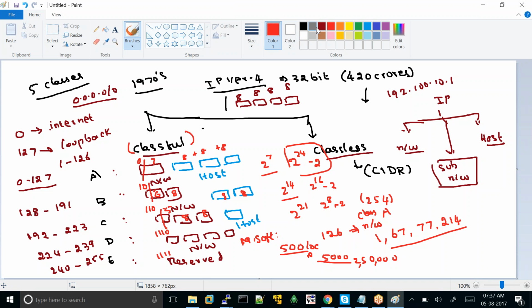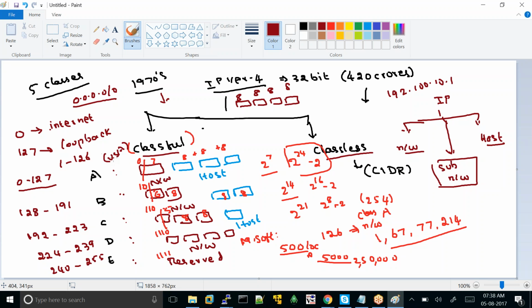Assume the class A address is assigned to Microsoft. At the initial stage of the internet in the 1970s, the Internet Assigned Numbers Authority assigned class A IP addresses to government sector companies and big corporates associated with the United States of America, USA alone.